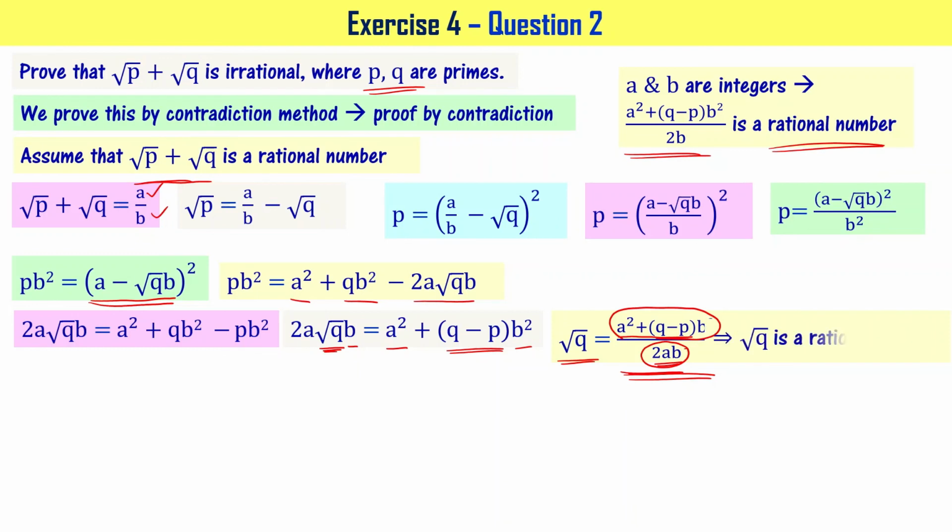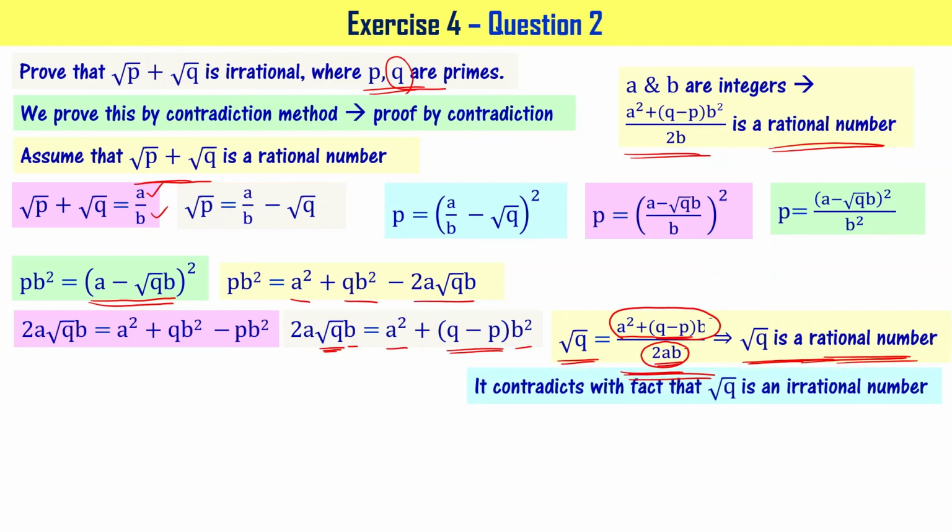It implies that square root of q is a rational number, right? But we already know that actually square root of q is an irrational number, right? Because q is a prime number, square root of q is an irrational number, right? But whatever we have got here, square root of q is a rational number.